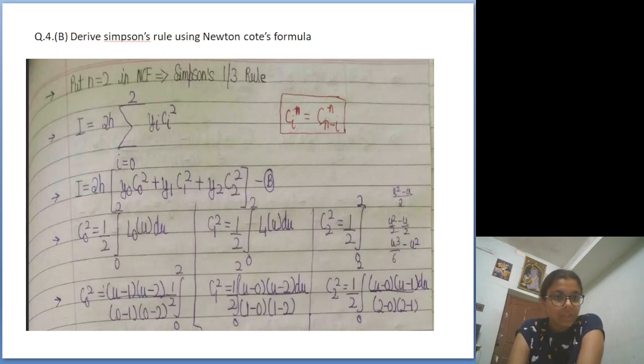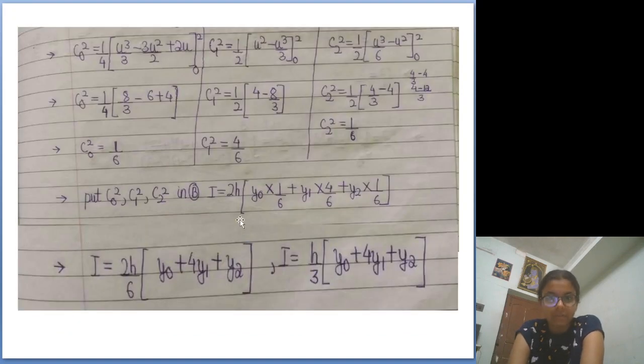On to the next step, we would just put the values, and we could see our familiar Simpson's 1/3 rule through this formula.